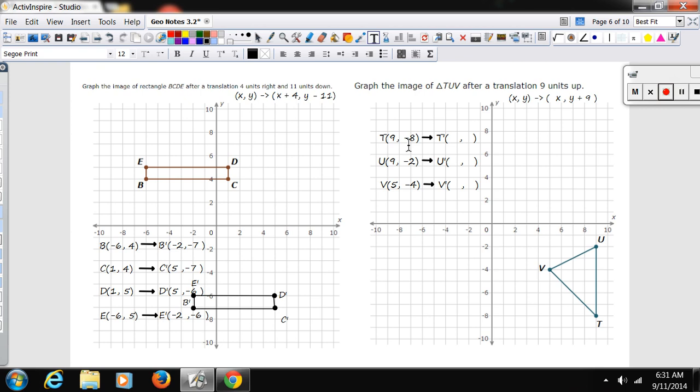So let's see, if we kept our x value, we would still have 9. 8's going to stay at negative 8. And U prime, 9 is going to stay also. Going to stay at -2.